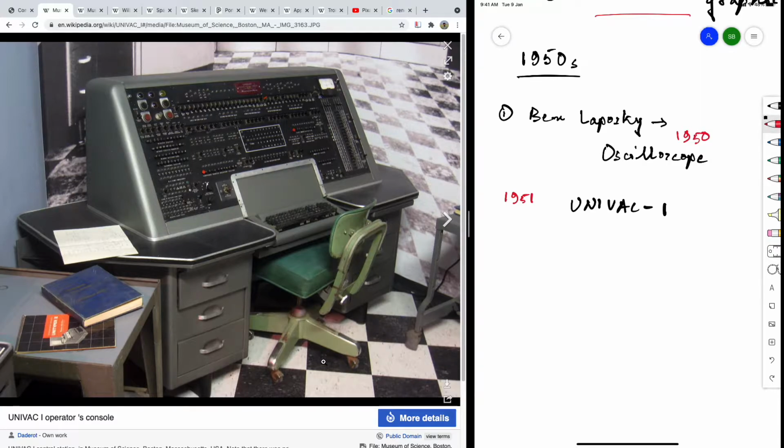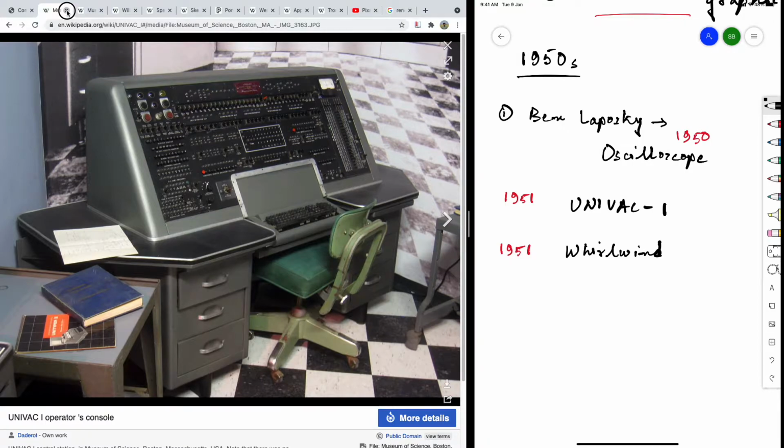Then again in 1951, one more thing happened. A computer was released which was the first to display real-time video, and it was called Whirlwind.